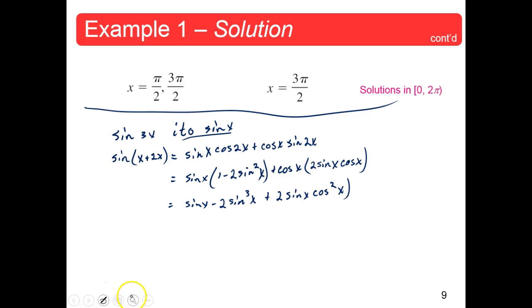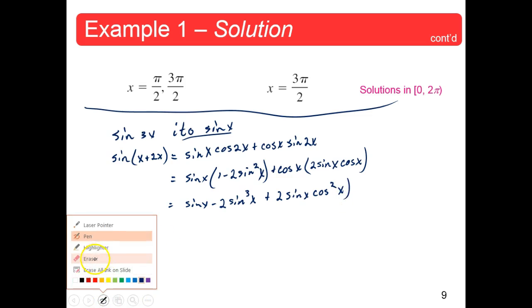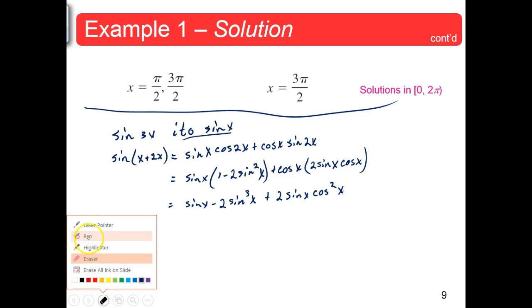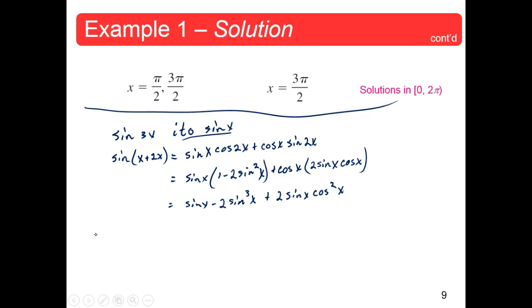Oops, I don't need that parentheses. Do I? Okay. Now, everything is hunky-dory except this is not a sine x, it's a cosine. We want it in terms of sine x. So is there any way we can get a cosine squared to become a sine?